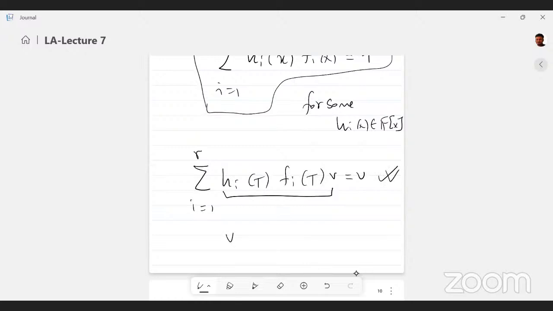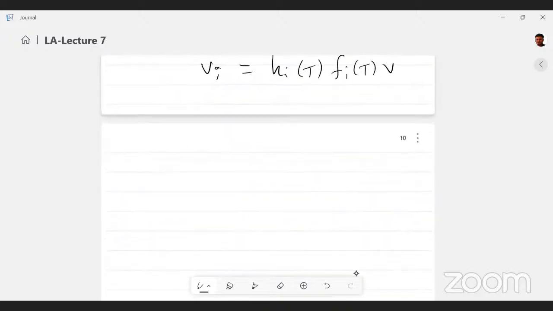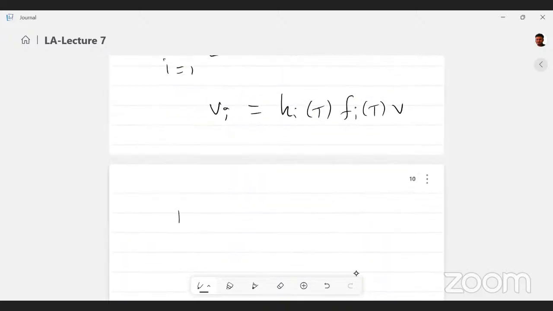So now I can simply take Vi to be Hi of T, Fi of TV. So that means if I take T minus lambda I identity power Ai applied to Vi, then you can see that it will be Hi of T, Fi of T applied to V, which is 0.